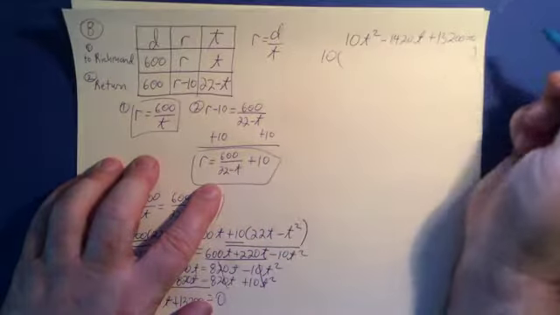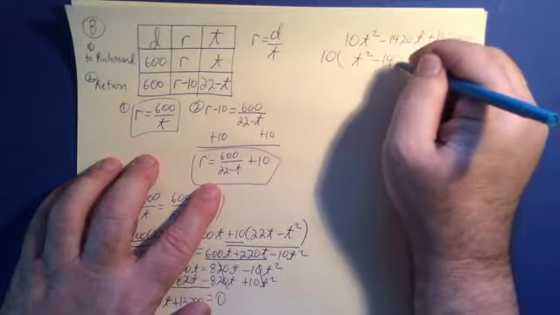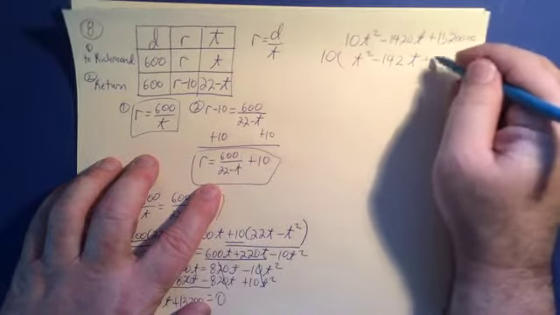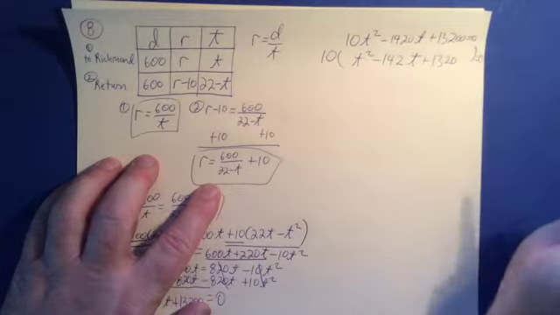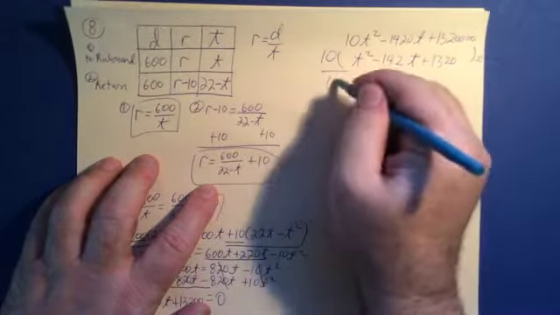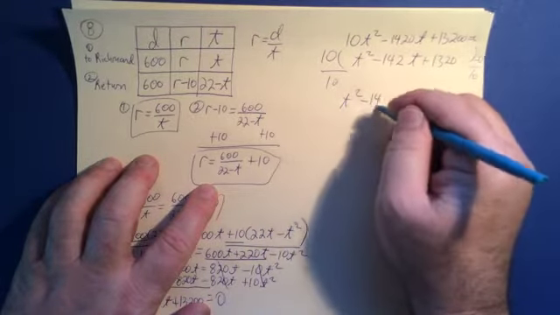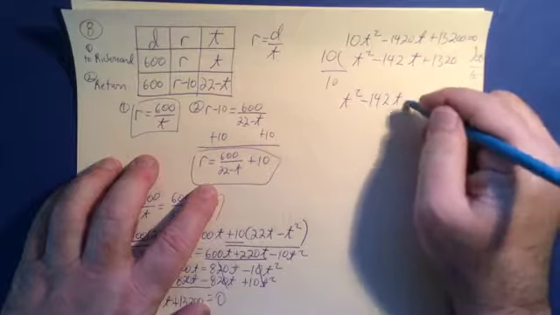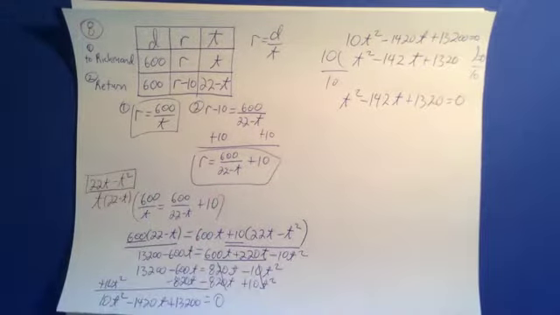I'm going to factor out a 10. That's the best I can do. So this would be t squared minus 142t plus 1320, and that's going to equal 0. So when I divide both sides by 10, that'll be t squared minus 142t plus 1320 equals 0.